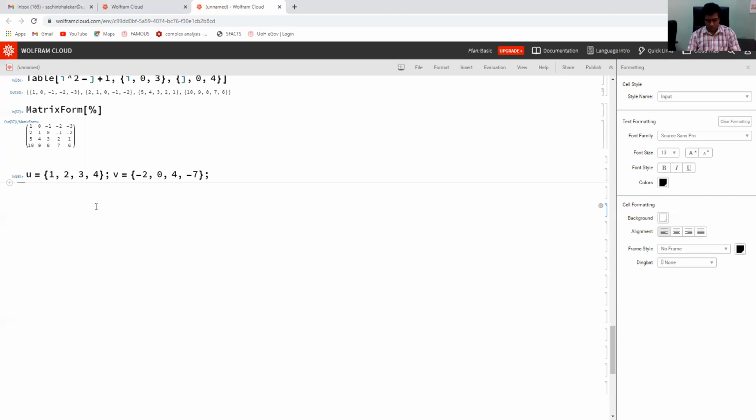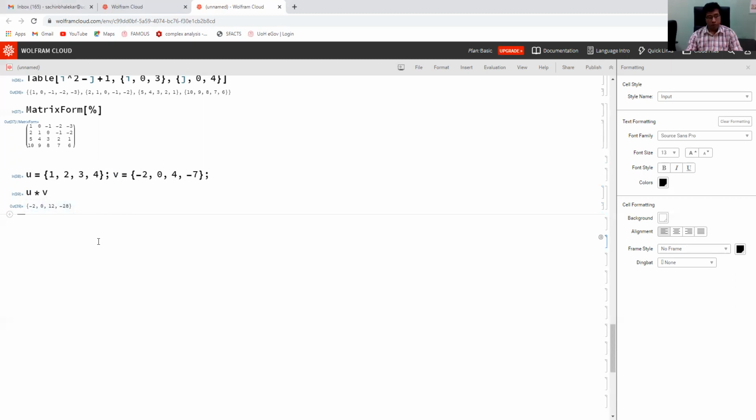Now let us see what is u star v. u star v is element-wise multiplication. That means we are multiplying the first element in u with the first element in v: 1 into -2, 2 into 0, 3 into 4, and the last entry is 4 into -7.